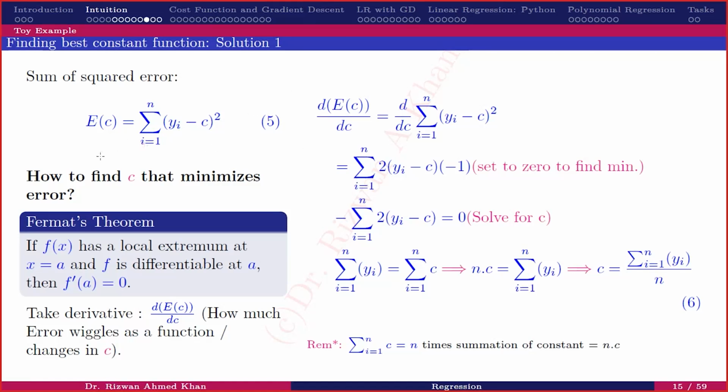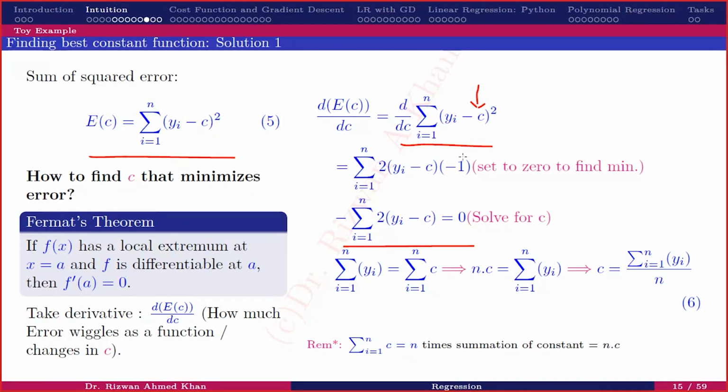So this was just the derivative of the squared loss, and we make it equal to 0. We differentiate this equation with respect to c, because we are trying to find the value of c which best approximates the data.